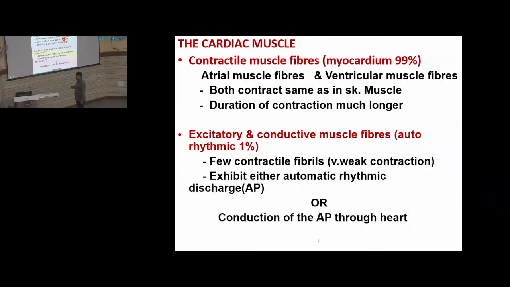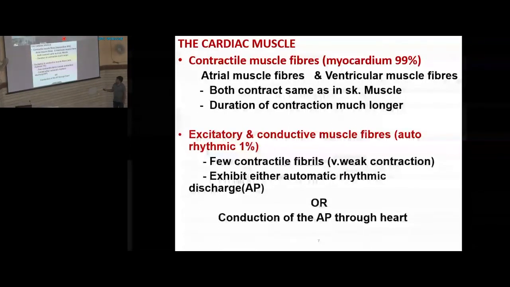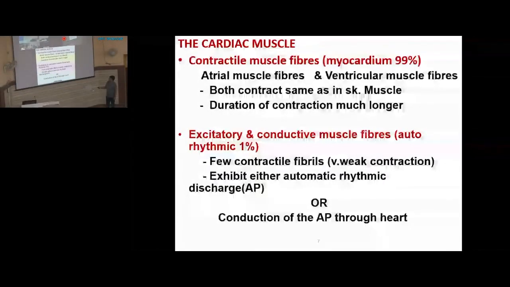What we are concerned about today is the excitatory and conductive muscle fibers, which have the property of autorhythmicity. These specialized conduction cells of the heart form only 1% of the cardiac musculature.